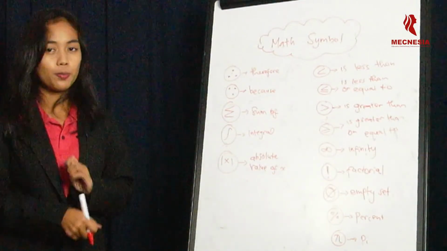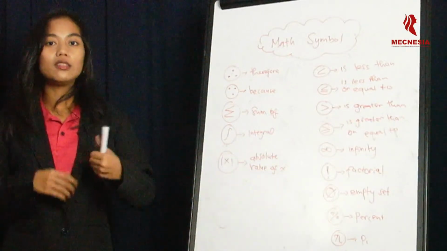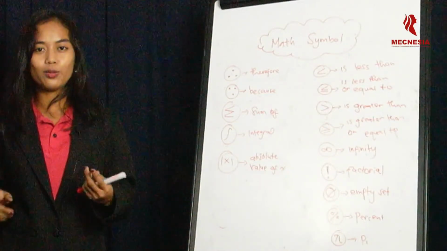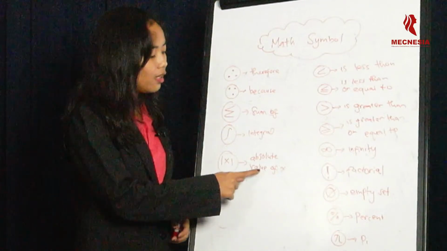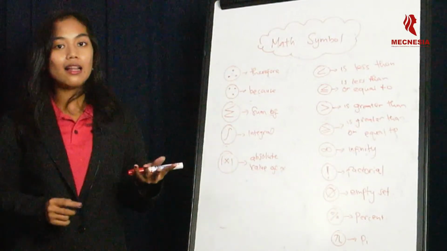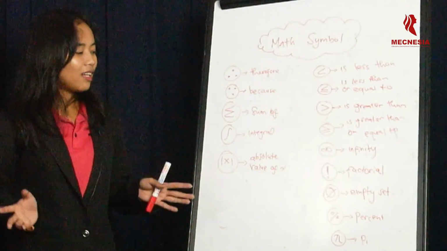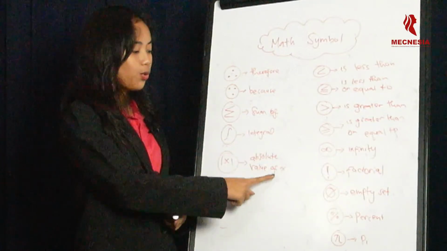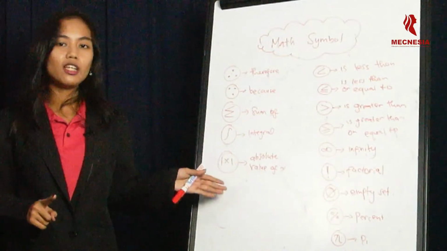Let's practice our pronunciation. Absolute. Absolute. One more time. Absolute. Value. Value. Now, let's combine it. Absolute value of x. One more time. Absolute value of x.